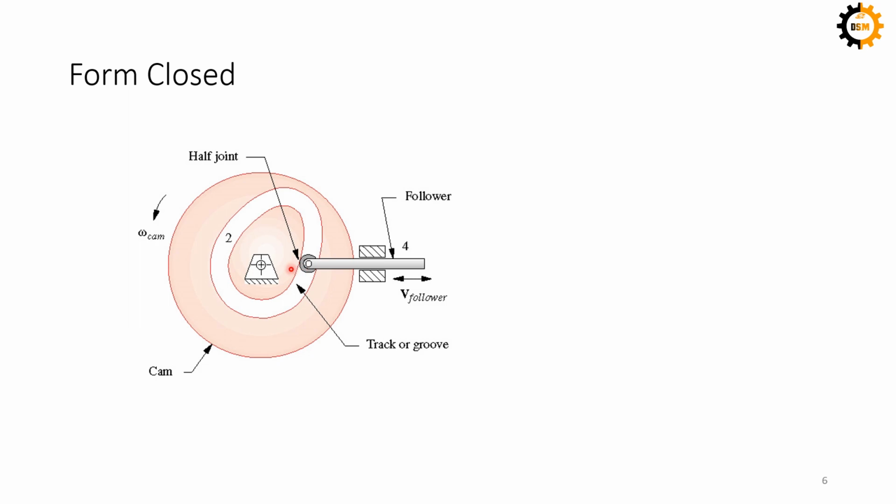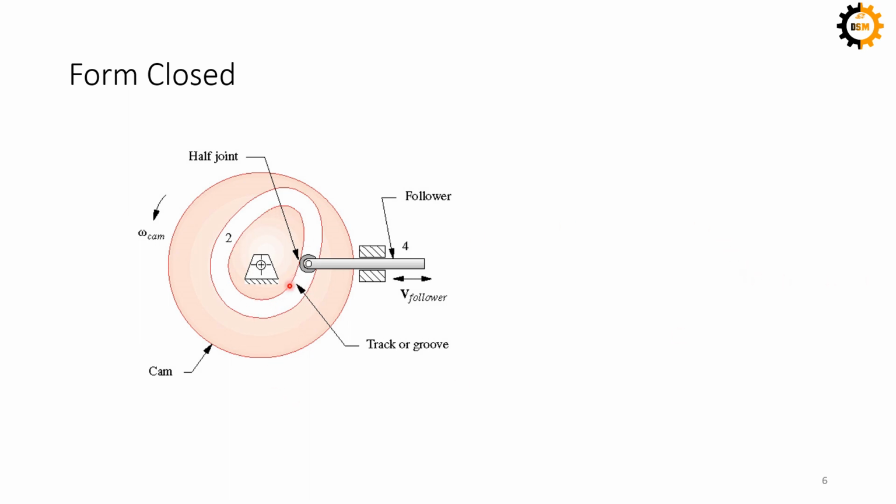Sometimes it will move towards the center of the cam, and sometimes away from it, but it will be translating in one direction because it is also a translating follower. It is also a form closed type because the follower is enclosed within the geometry of the cam, because of this groove.